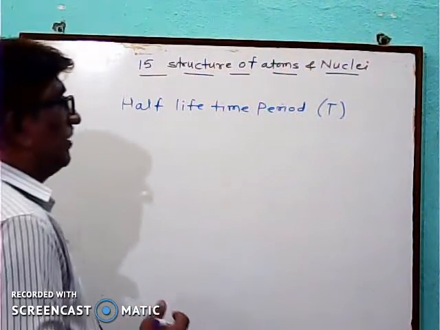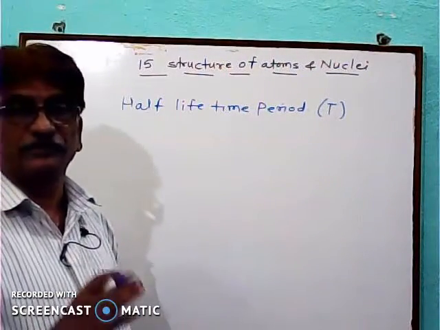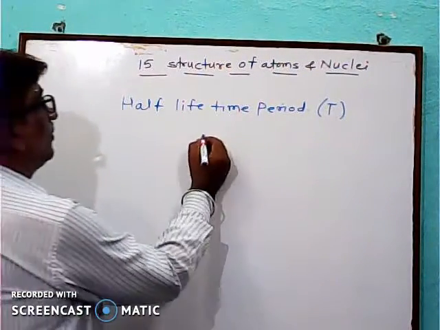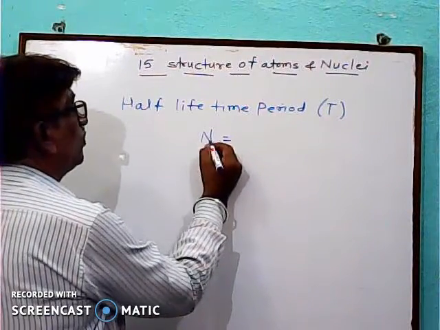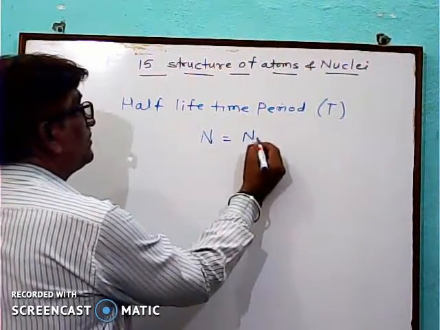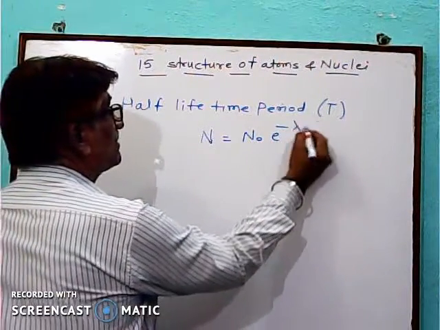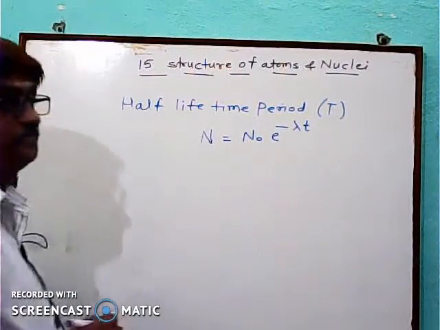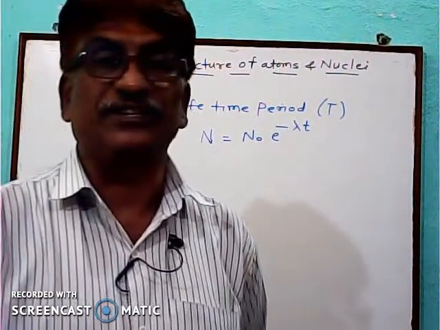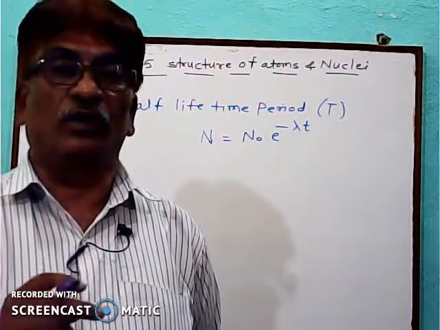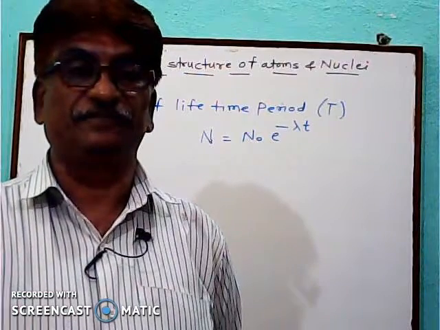We know that for finding its expression, we know N equal to N0 e raised to minus lambda t. This expression is the law of disintegration.